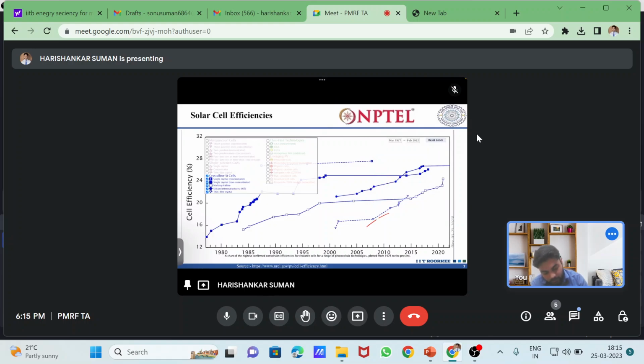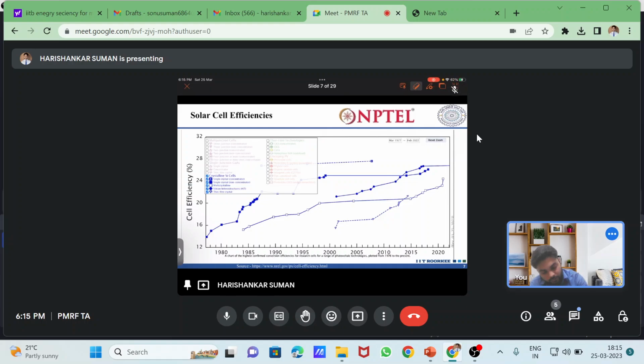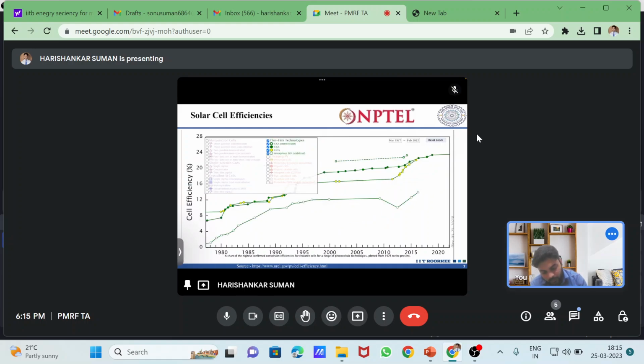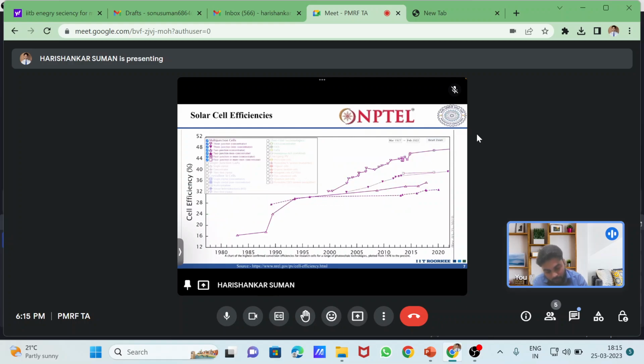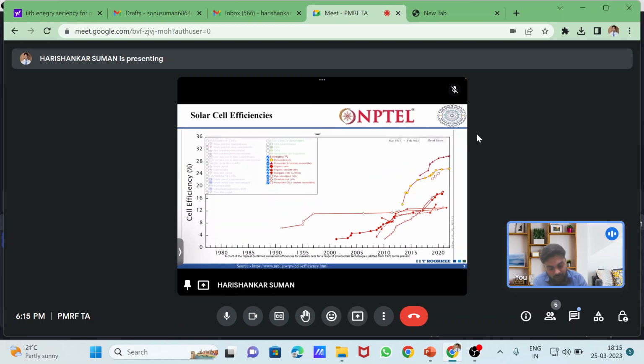This is one. And second generation solar cell, thin film technologies, growth rate with respect to efficiency. You can check, and multi-junction, and finally emerging technology. Today's emerging technologies: Perovskite.